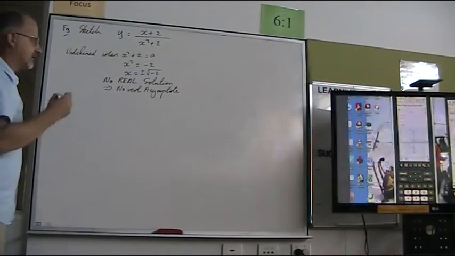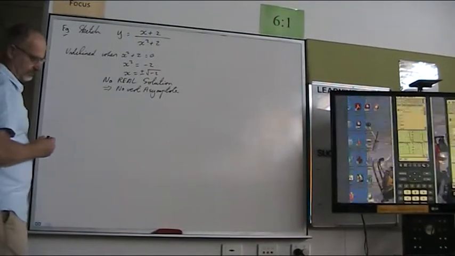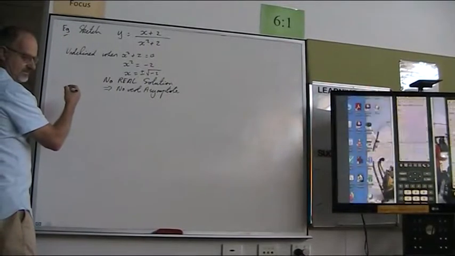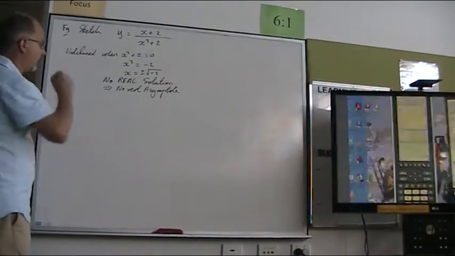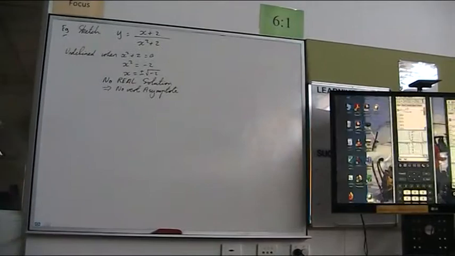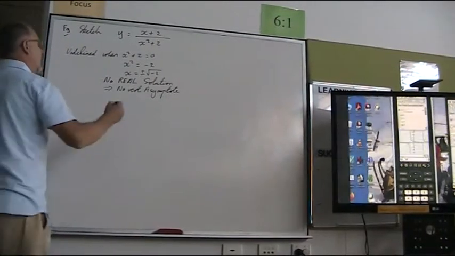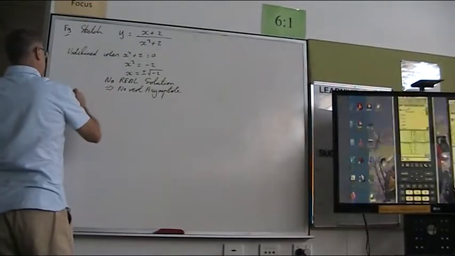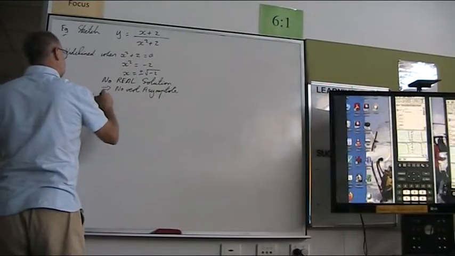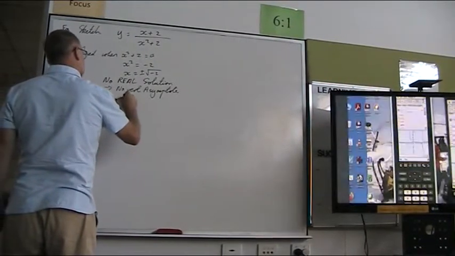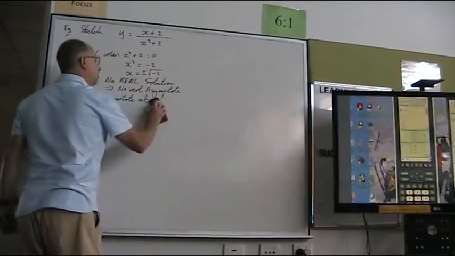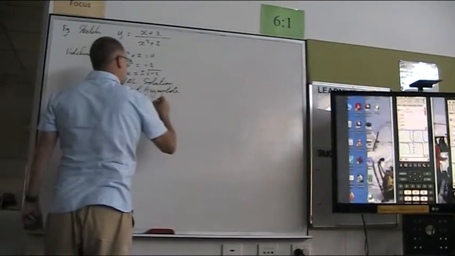Alright. So this one's a little bit more complicated to figure out what's going on. So let's look at some intercepts. Again, there's no number on here, so it suggests there might be a horizontal asymptote at y equals 0, not x equals 0, what I'm talking about. y equals 0.